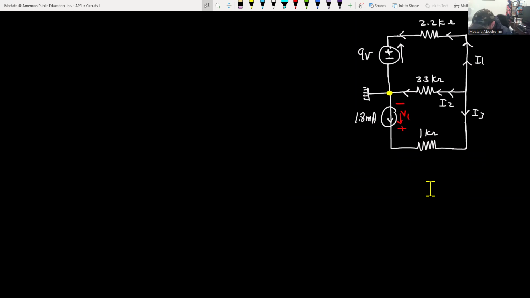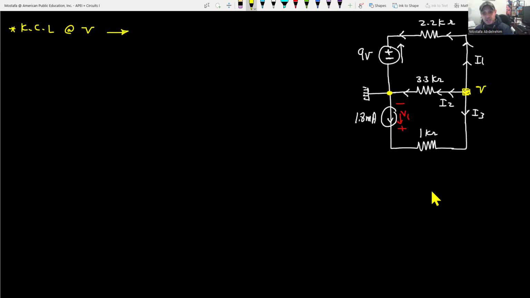Okay, so first of all, let's look at this point in here, or this node, and let's call it V. That's a node that has three branches, so we can apply KCL. So KCL at node V. What will this give us?